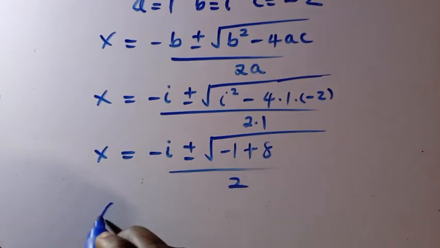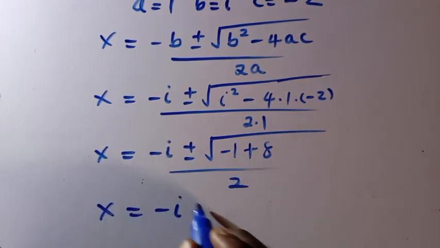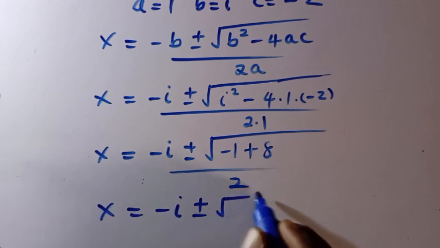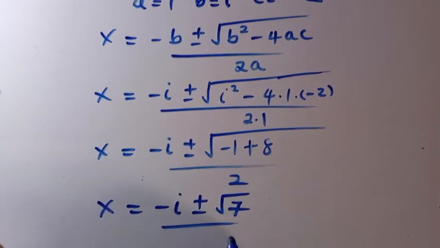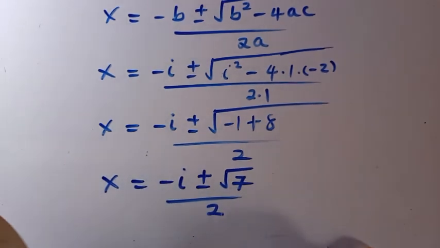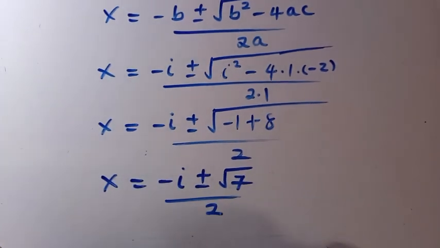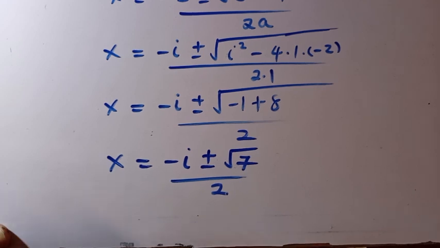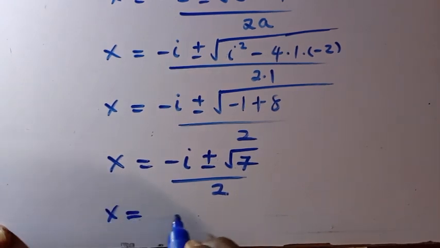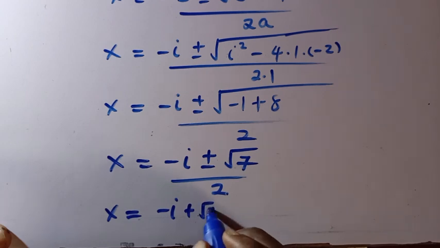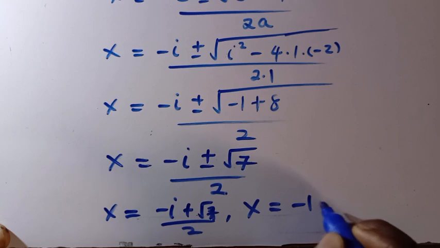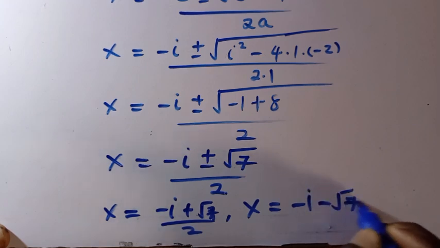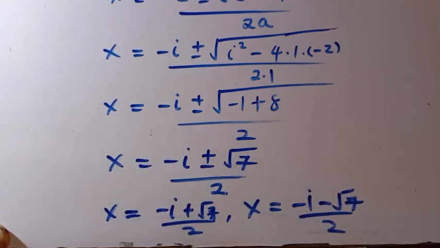From here, you can see x equals minus i plus or minus square root of minus 1 plus 8, that is 7, divided by 2. So we can consider two values of x here: x equals minus i plus root 7 over 2, or x equals minus i minus root 7 over 2.